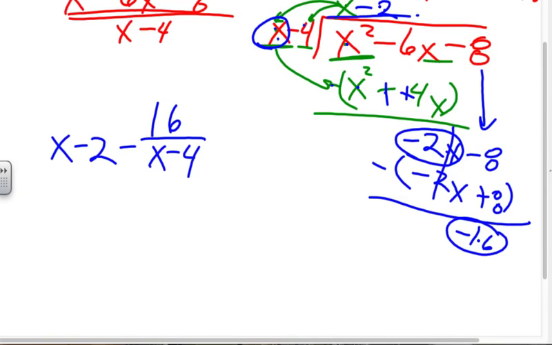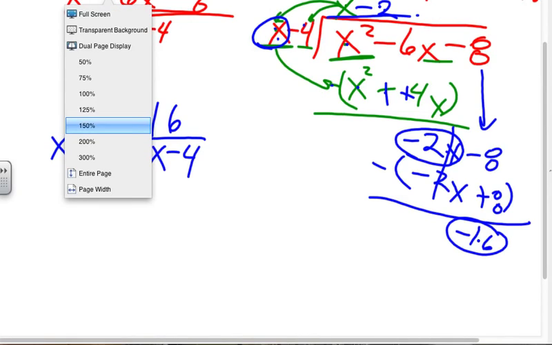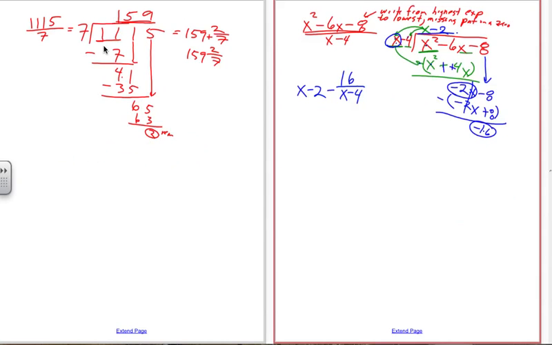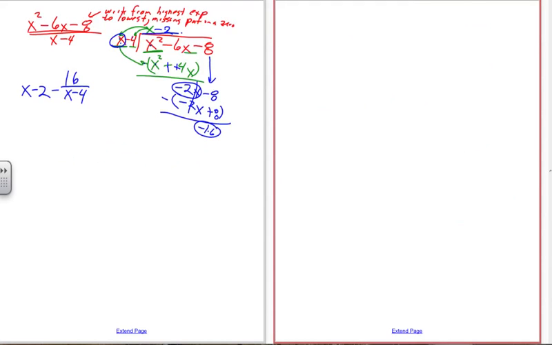Okay, so now let's take a look at the same type of problem, but we're going to do it a little bit differently. I'm going to deal with this same problem here, but I'm going to do what's called synthetic division.